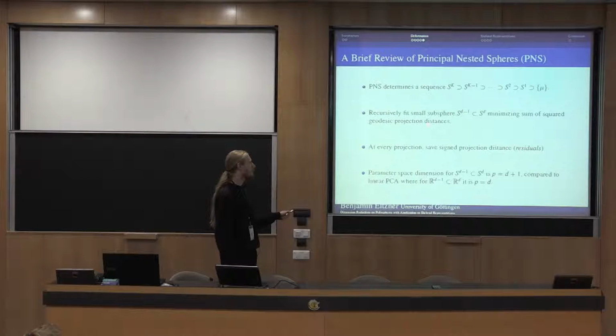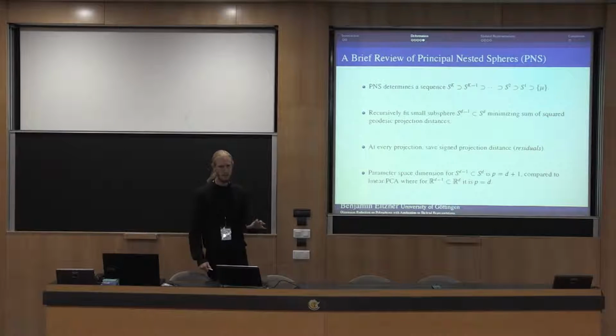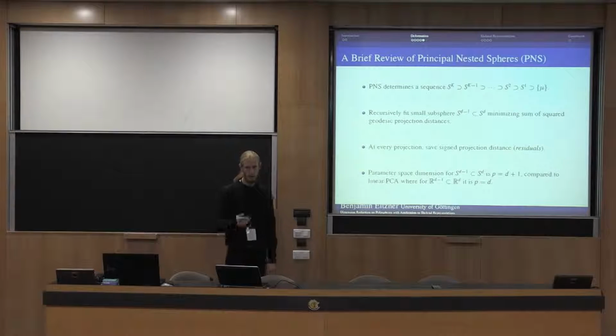The recursive construction is done by fitting using the sum of squared geodesic distances. It's a very simple Newtonian minimization procedure. At every projection step, we save the signed projection distance, the so-called residuals, as the information of what we do to our points during our dimension reduction.